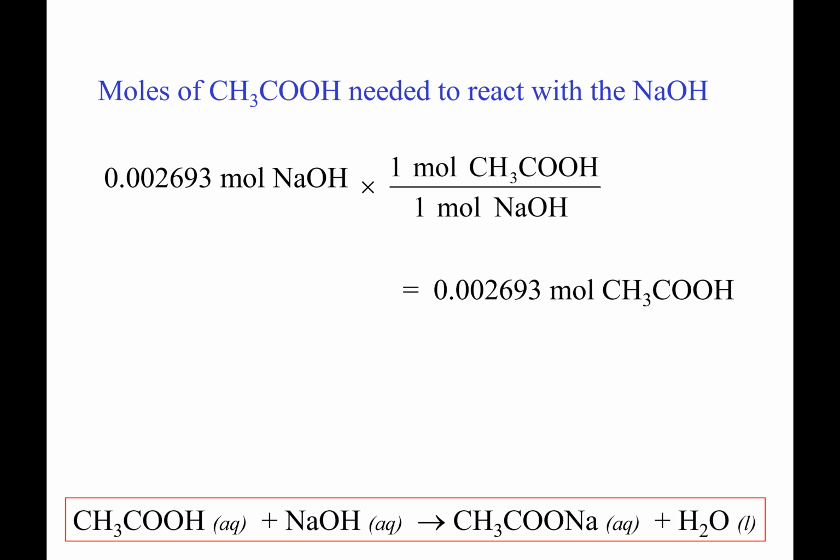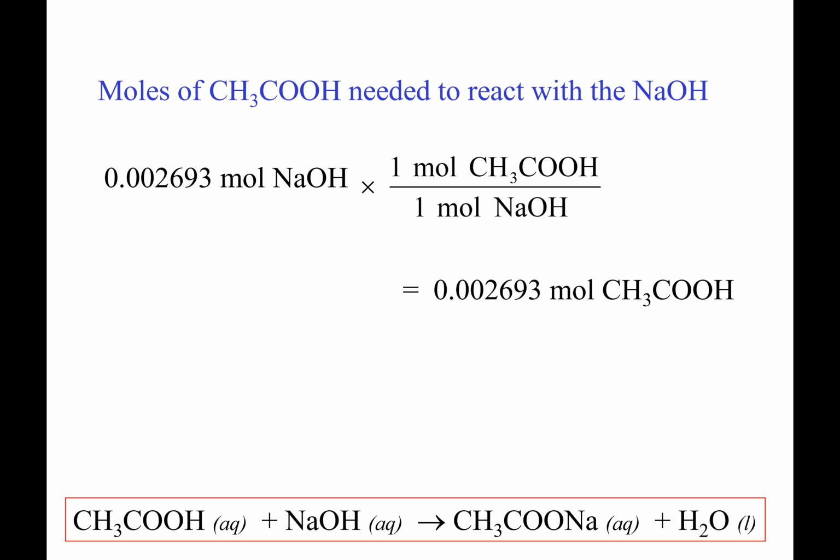Okay, so yeah, we have the same number of moles of CH3COOH as moles of NaOH, which is that 0.002693. Once you do enough stoichiometric calculations and aqueous solution stoichiometric calculations, sometimes you skip a step like this. Don't skip a step like this.